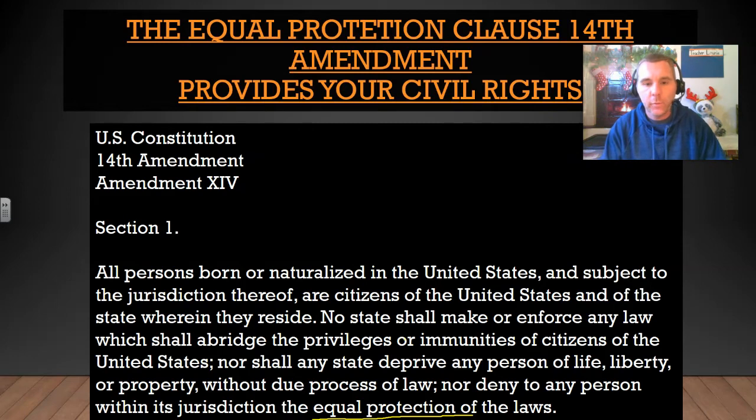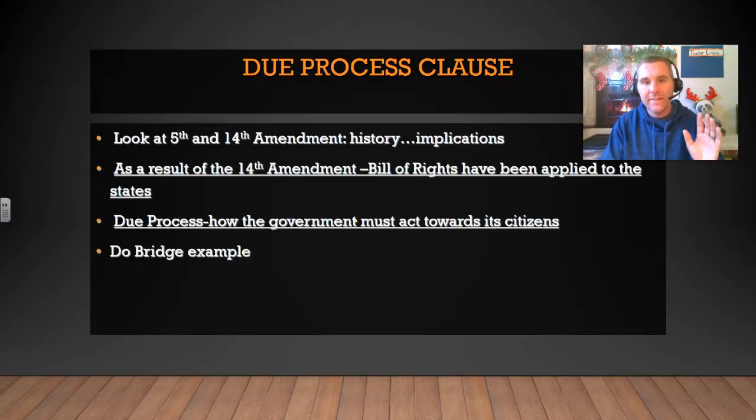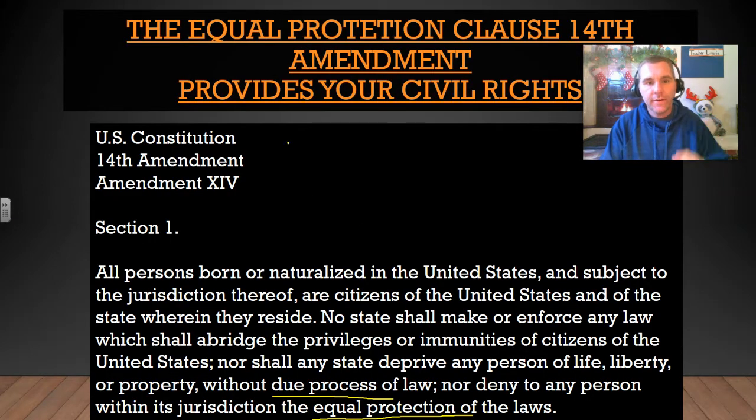And this is where we get another important clause. It also has the due process clause, and the idea that states are not allowed to deprive due process. So essentially what's happened is this. Over time, the Bill of Rights was originally meant for the federal government, and the states didn't really have the Bill of Rights.